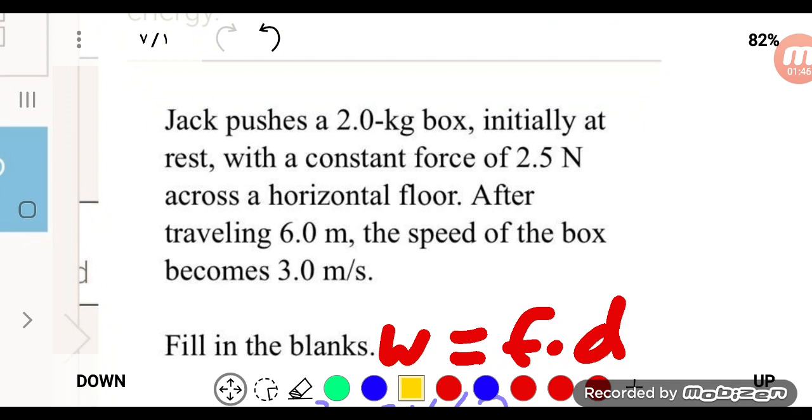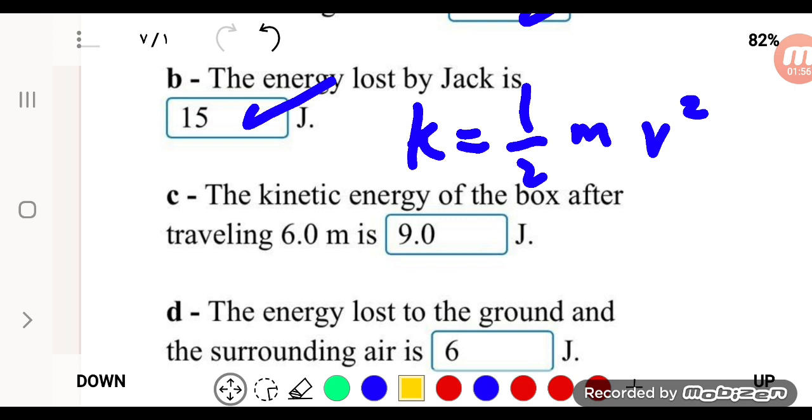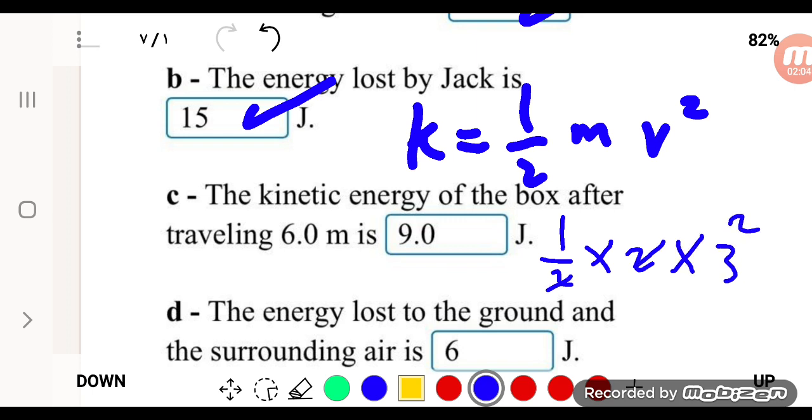Half times 2 times 3 squared. Cancel 2 and 2, and the answer is 9.